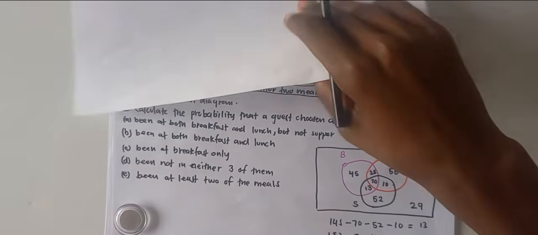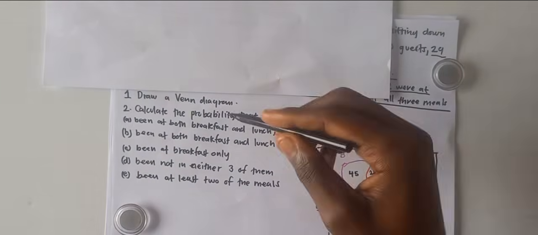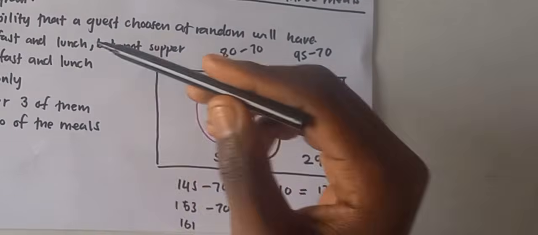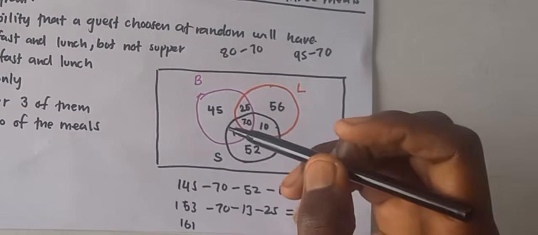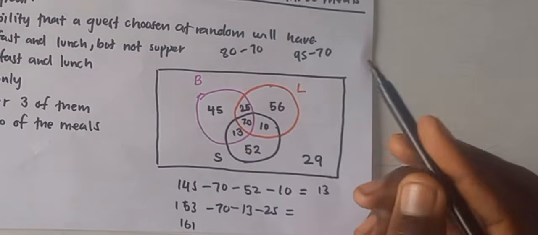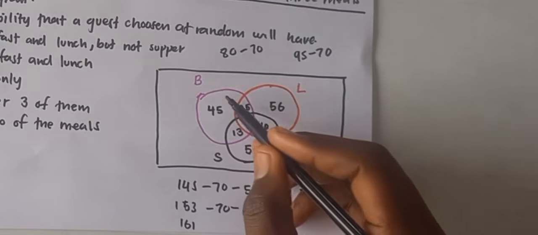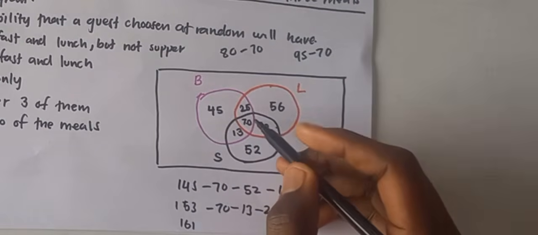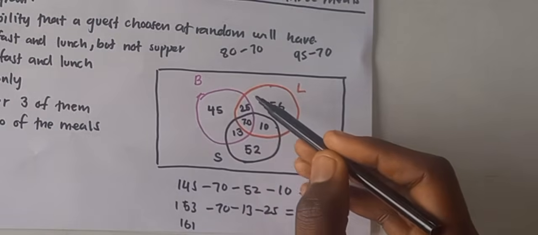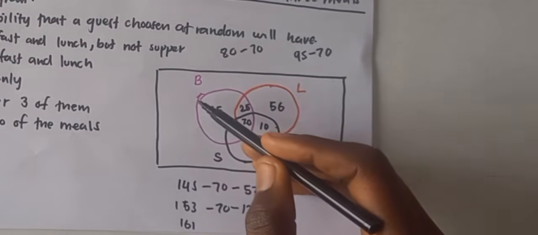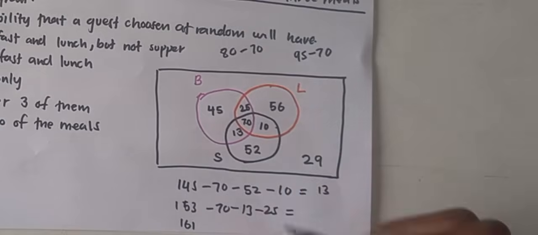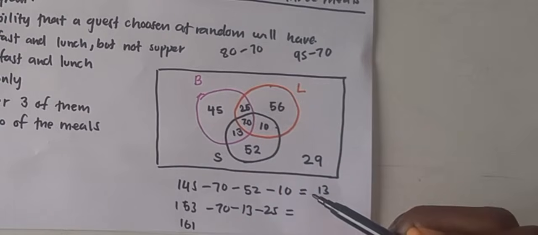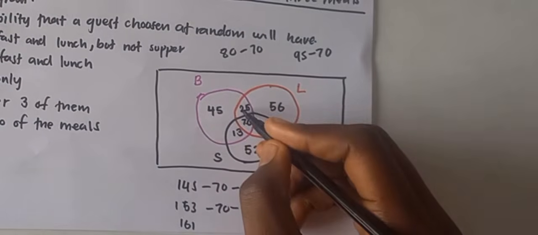To answer this kind of question, you have to use the Venn diagram. They want the probability of someone who has been at both breakfast and lunch, but not at supper. So we'll find them on the red circle and also on the pink circle, but not in the black circle. Does that make sense? For breakfast and lunch, it is this 25.